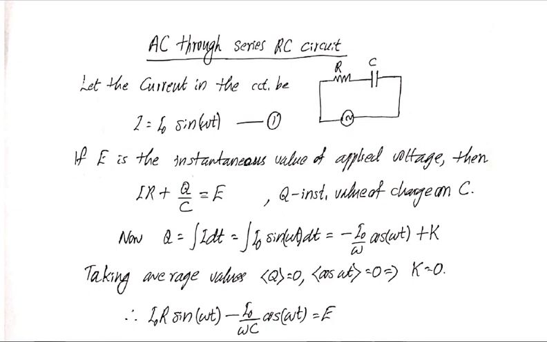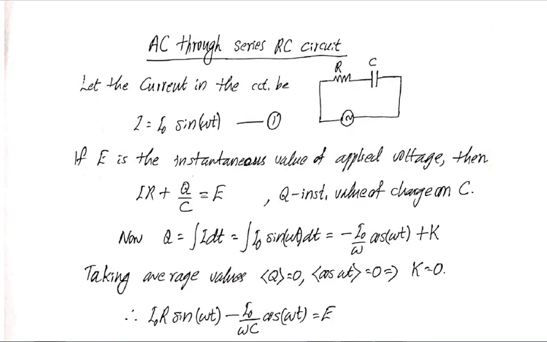So Q is equal to integral I dt, where I is I0 sin omega t. So integral of I0 sin omega t dt is equal to minus I0 cos omega t by omega plus some constant of integration, because this is an indefinite integral.